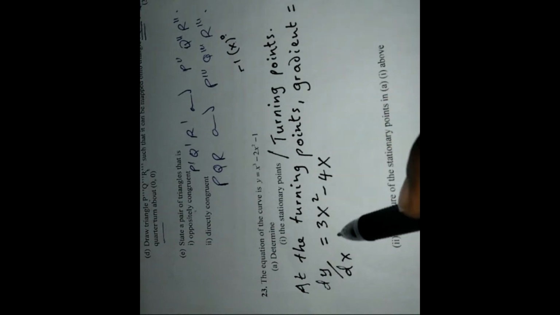So this is the differentiated function. Now, at the turning points, this function will be equal to 0. That means 3x squared minus 4x equals 0 at the turning points.